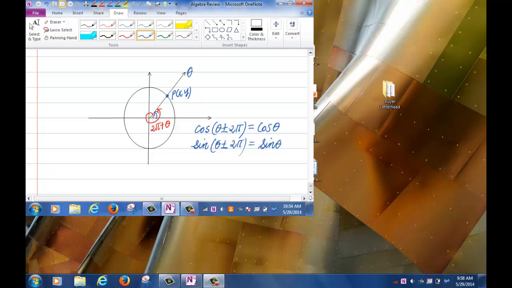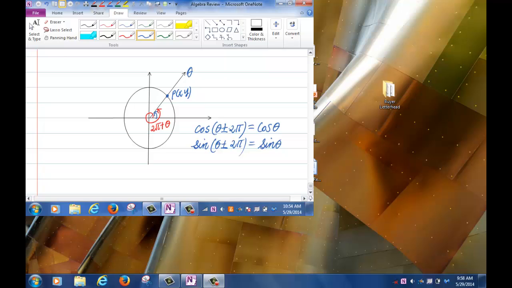Same as cosine theta. So this is why it's called period 2 pi. When I draw the graph of this function, you'll see what it means to have period 2 pi in terms of the graph. Okay. All right. Any questions on this?